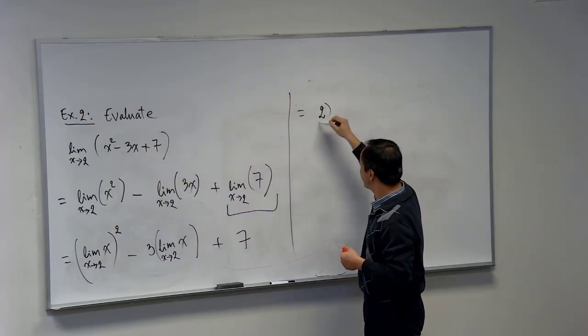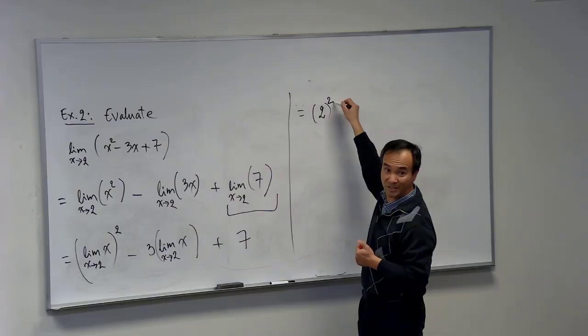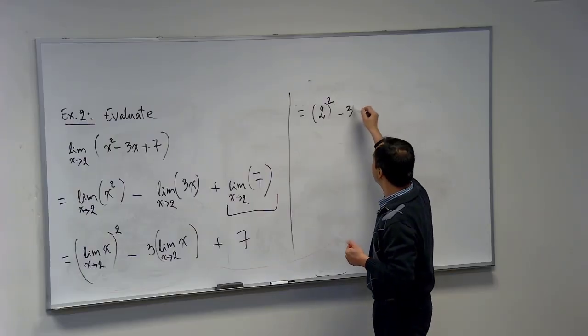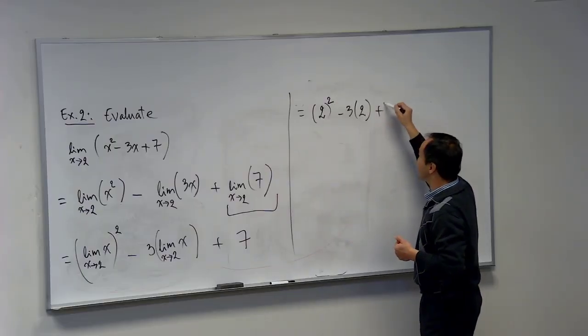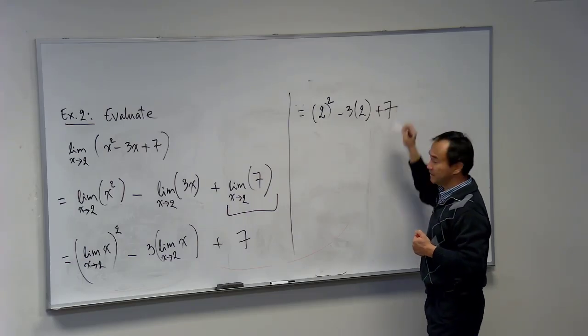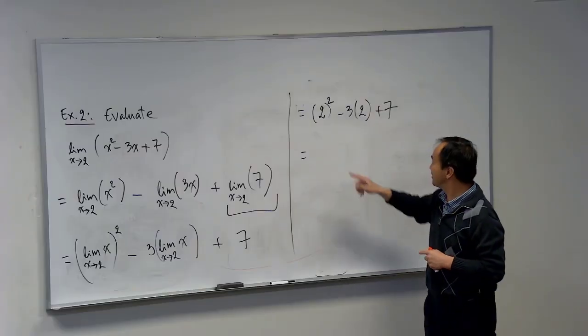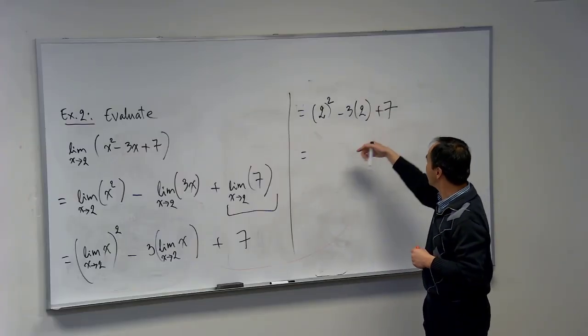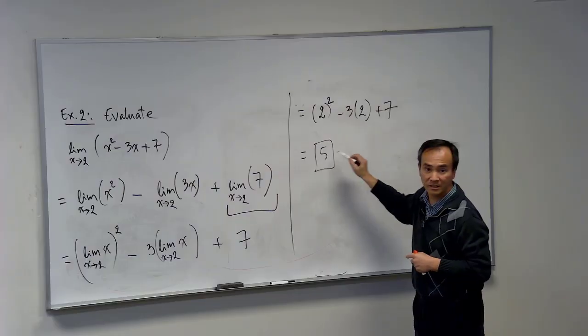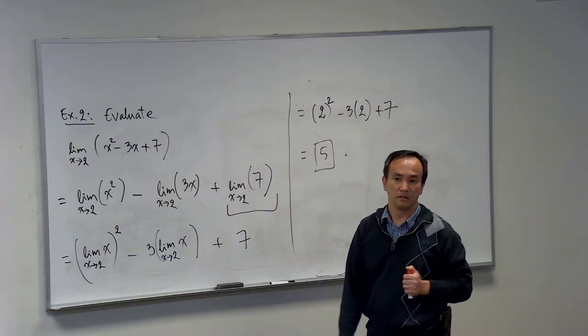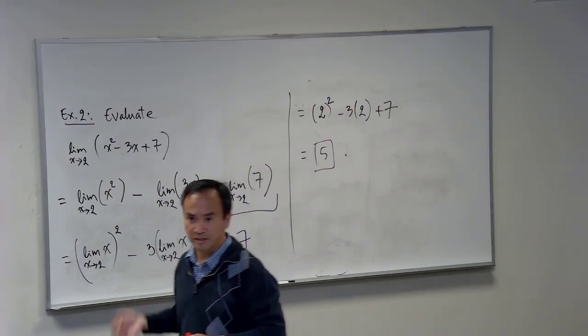But then we are allowed to square that limit 2 again. Minus 3 times that limit 2 again, plus 7. Sounds good? Okay. And so, yes, it comes out, and then you do your calculation. It's a 4 here minus 6 right here, making it minus 2, so 5 is the final answer in the end. Okay? Keep checking my calculation. I make silly mistakes like those all the time.